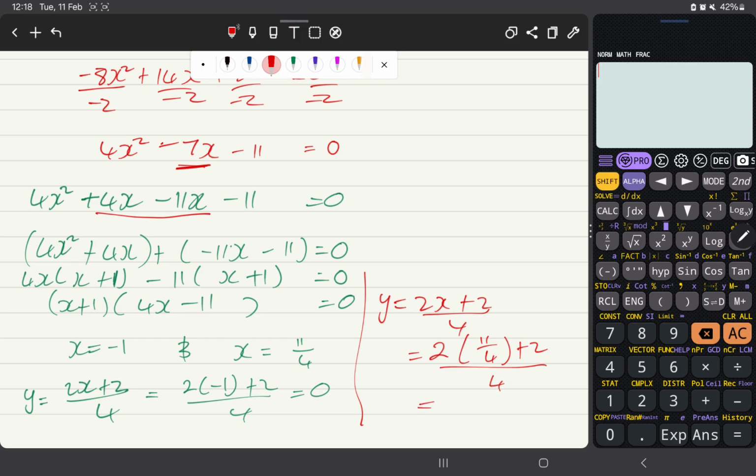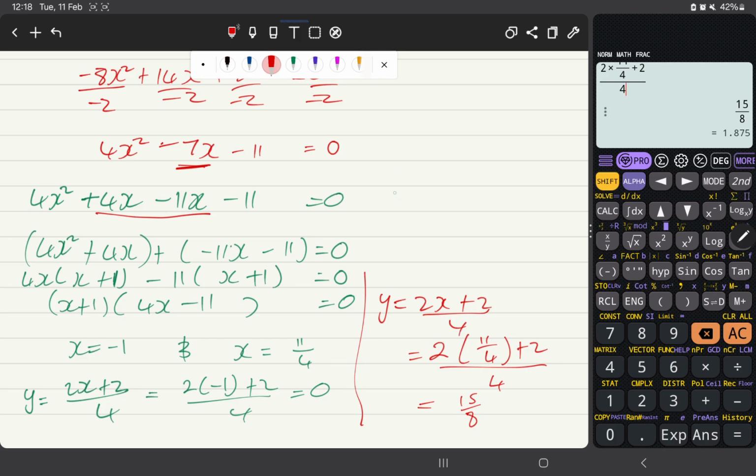You can just put that in a calculator if you don't want to think about it. Multiply by 11 over 4 plus 2 over 4, and the answer I'm getting is 15 over 8.